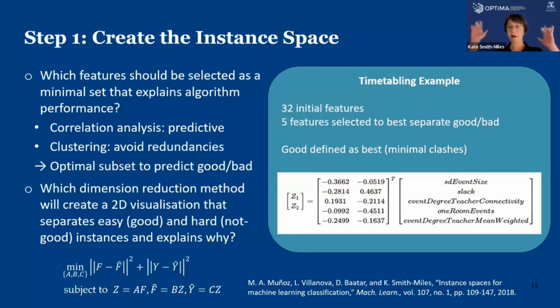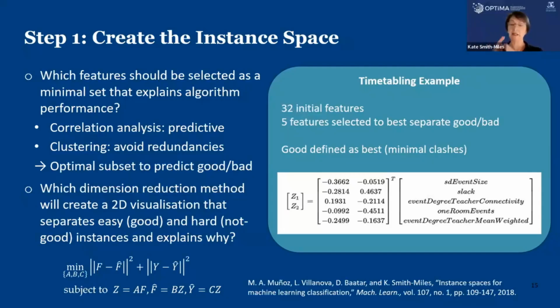We're mapping from a 5-dimensional space from the selected features to a 2-dimensional plane, the instance space. And the numbers in this linear transformation matrix have been worked out by solving this optimization problem. We're trying to achieve the projection that gives us the most linear trends across the space, so our eyes can see the directions of hardness, how algorithm performance might go from good to bad.